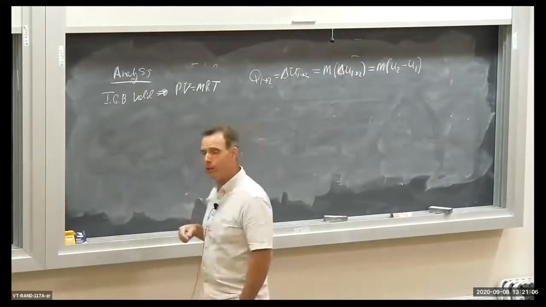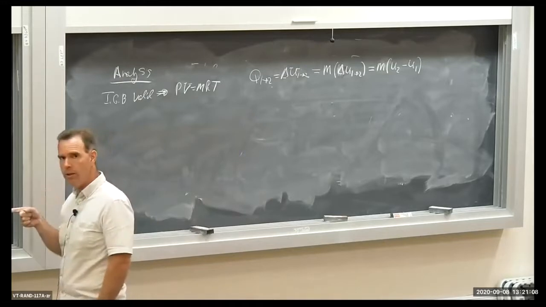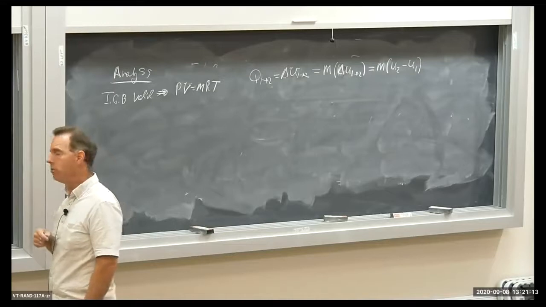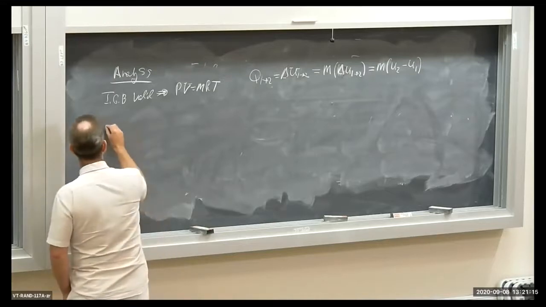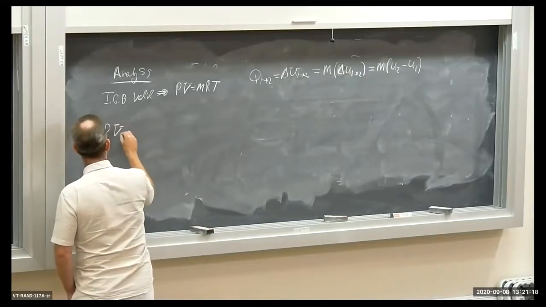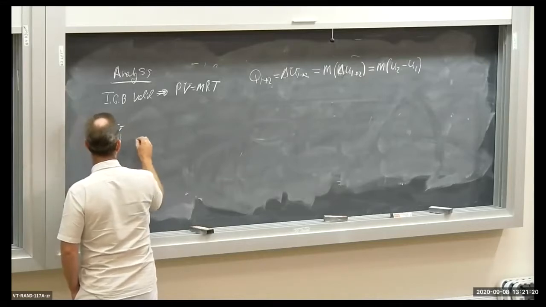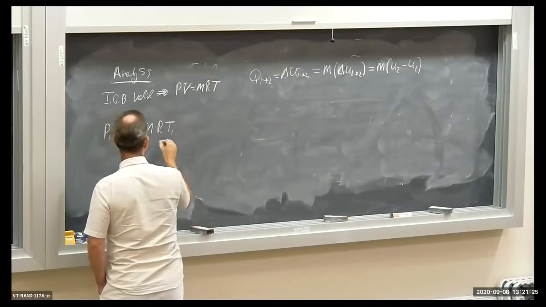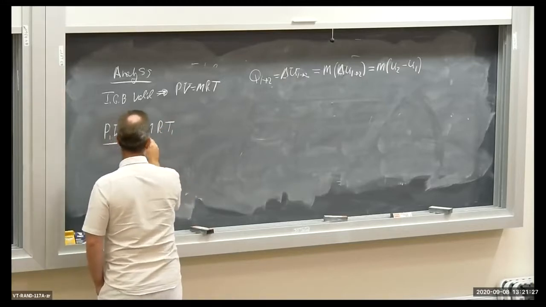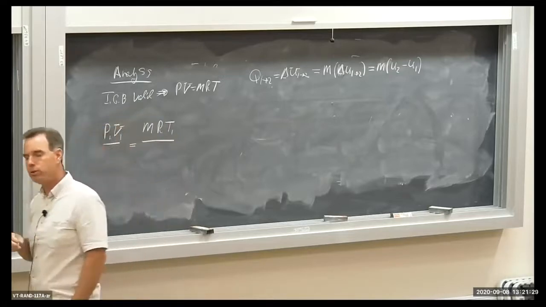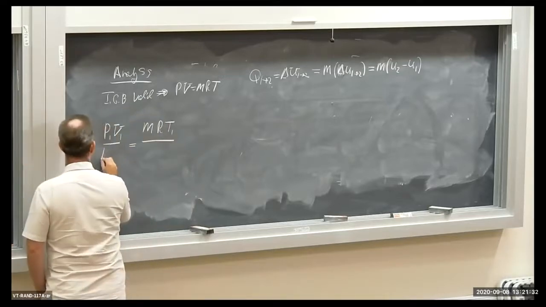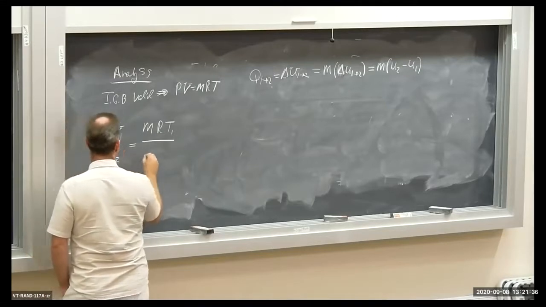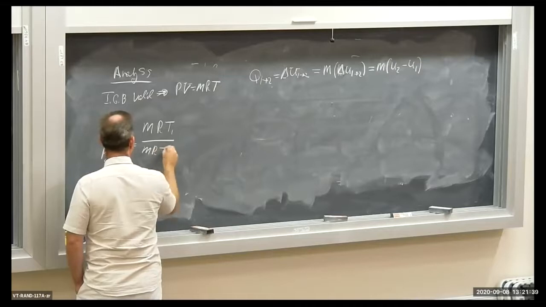How about I evaluate the ideal gas law at state 1, P V1 equals M R T1, and I divide it by the ideal gas law at state 2, P2 V2 equals M R T2.